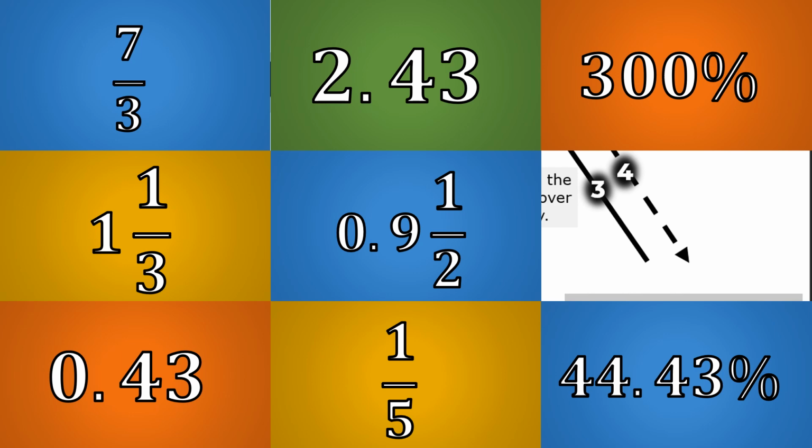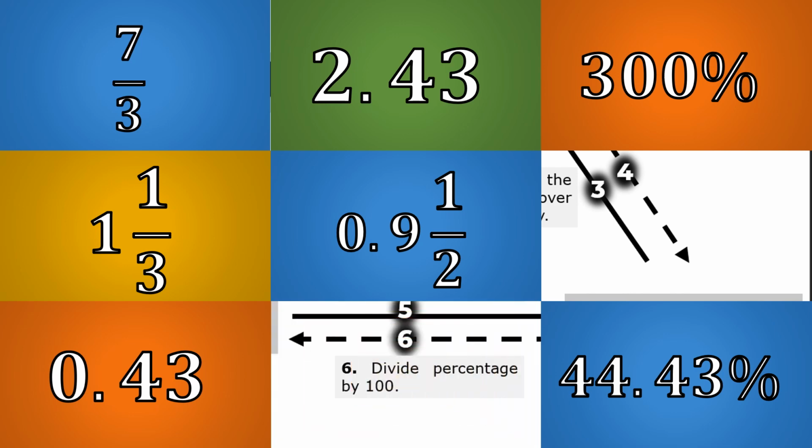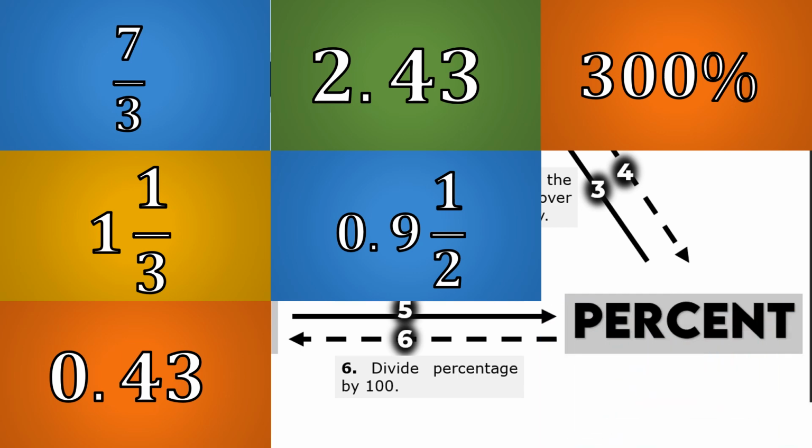Next, 1/5 in decimal is 0.2 or 2/10. Next, after that is 44.43%. If we write it in decimal, it is 4,443 10,000ths. Next is 0.43 or 43 hundredths.